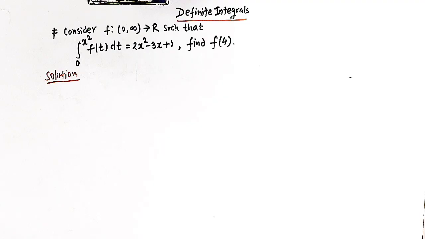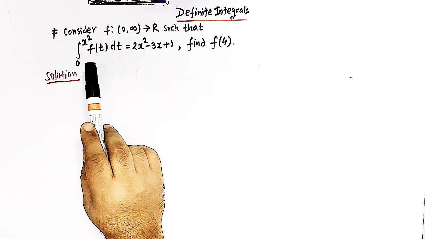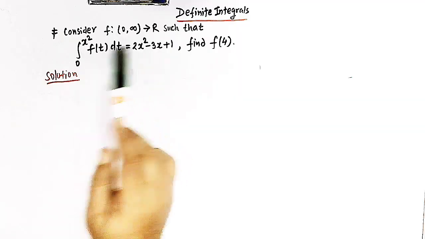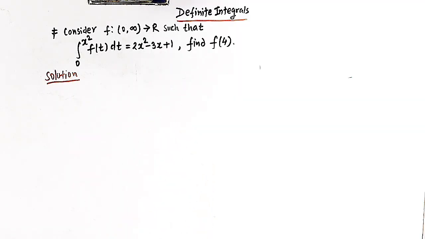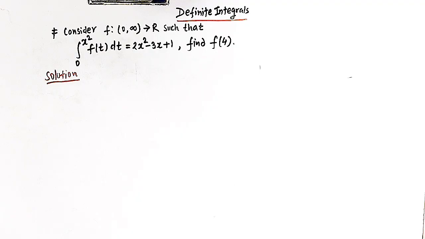So here we are going to use the concept of the Leibniz integral rule, which is differentiation under the integral sign, and we'll see how easily we can find the value of f of 4.